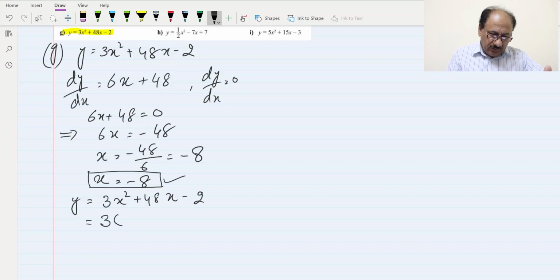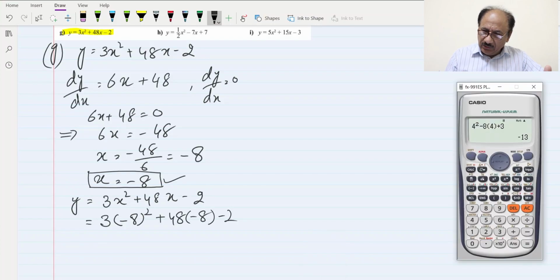So 3 into minus 8 squared plus 48 into minus 8 minus 2. Now we can solve this with the help of a calculator. So 3 in brackets minus 8, squared, plus 48 multiplied by minus 8. This is also done. Then minus 2, and finally we can check.